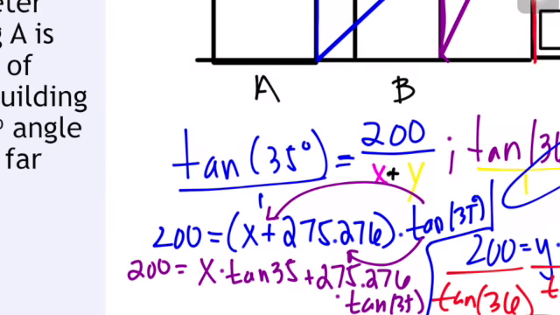And then I'm going to multiply the 275.276 times the tangent of 35. This is going to give me 192.75. I'm going to bring everything else down.